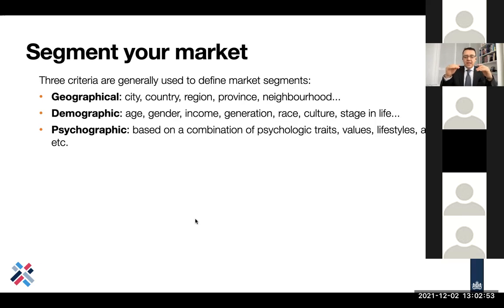All of these criteria, all of these forms of breaking down the population into groups based on their demographics, tend to generalize preferences or behaviors based on age, gender, income, race and ethnicity.